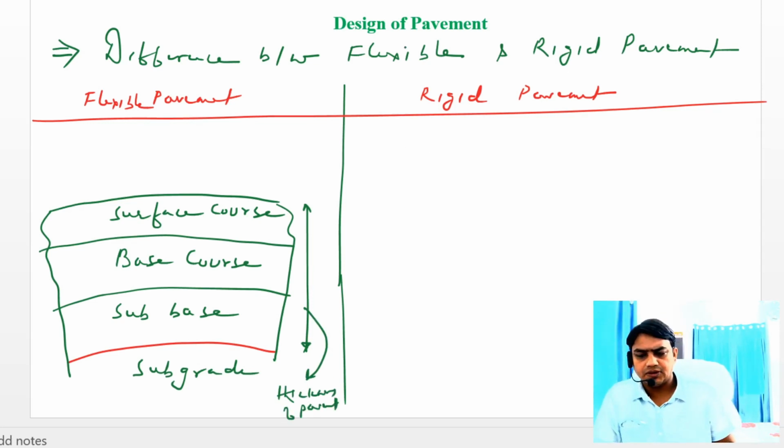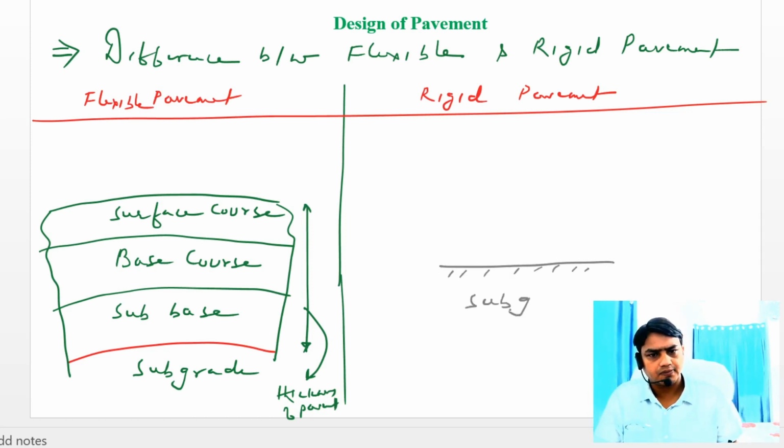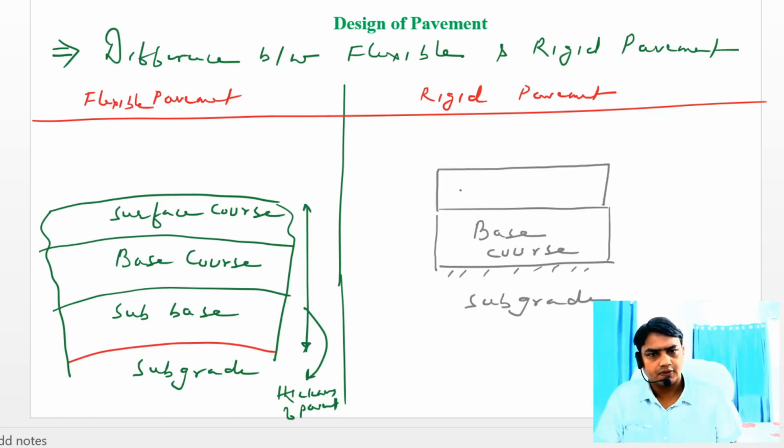Similarly, in rigid pavement, the lower portion is subgrade, then it is base course, then it is cement concrete.